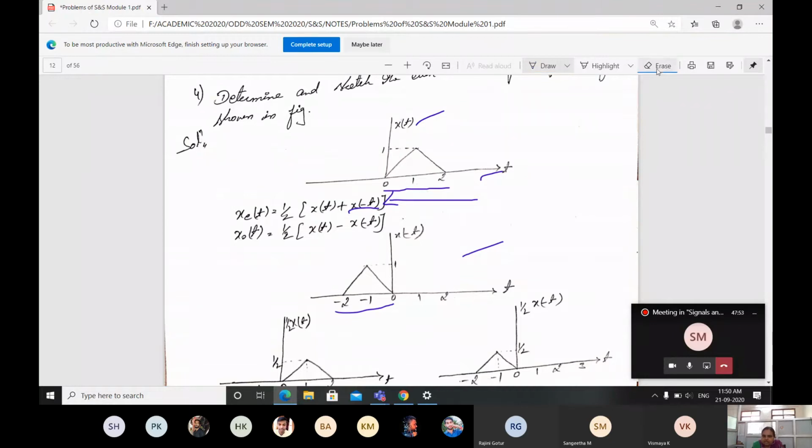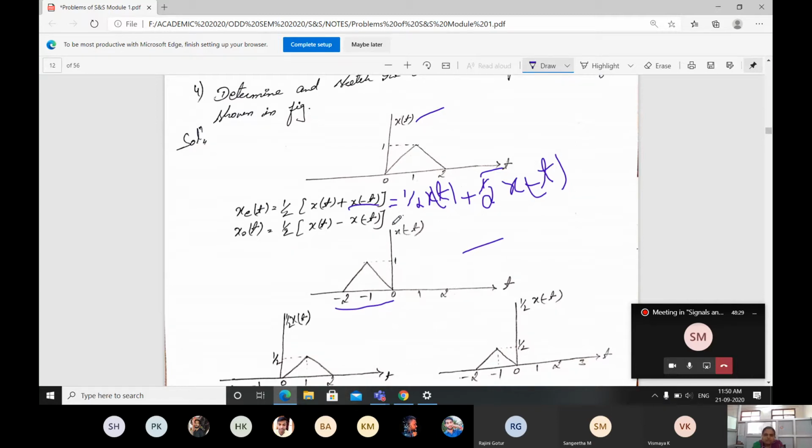What I am telling is, here you can write 1 by 2 x of t plus 1 by 2 x of minus t. You can expand this and then add both the signals, or else you can add x of t plus x of minus t and then multiply with 1 by 2. It's left to you how you are going to solve.